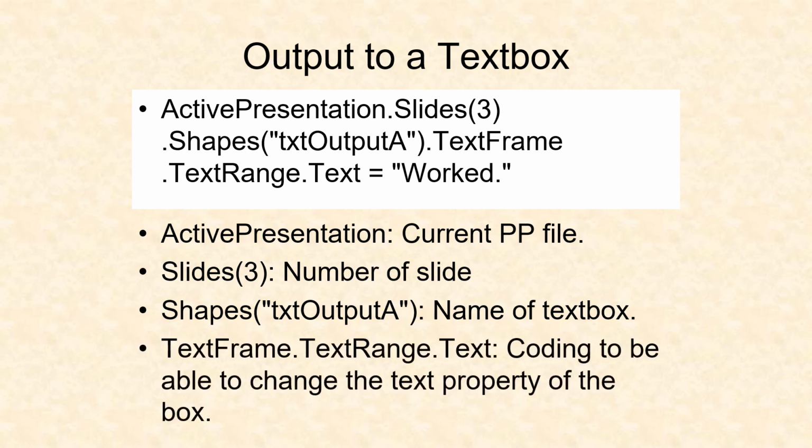And then we put TextFrame.TextRange.Text. We put this in because this coding, when it's encountered by VBA, is going to say, oh okay, so this is the text you want to put into that text box.